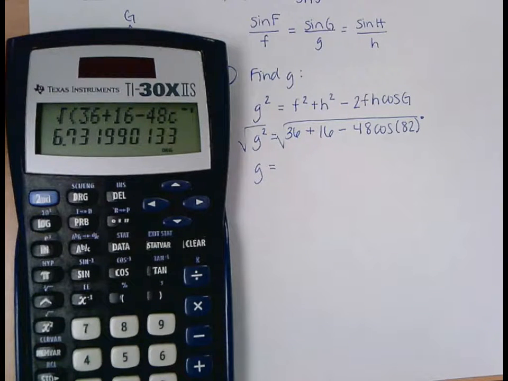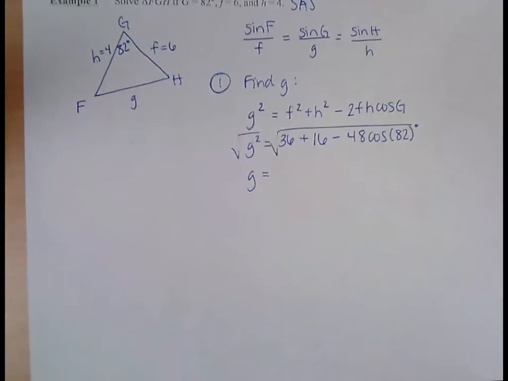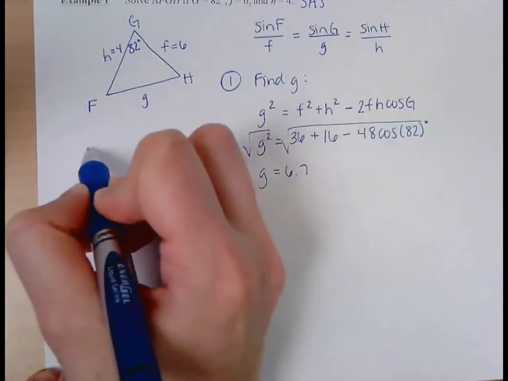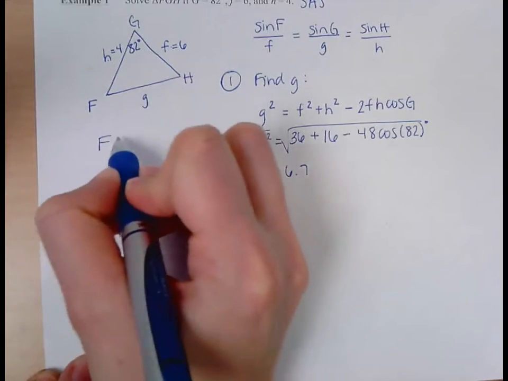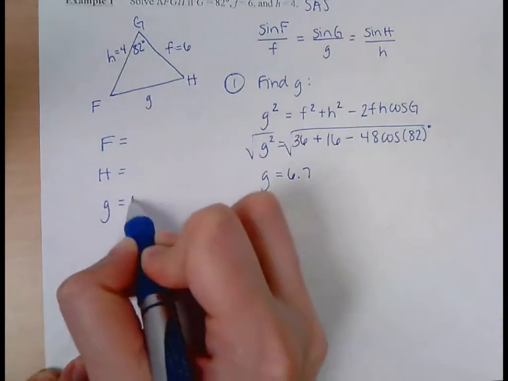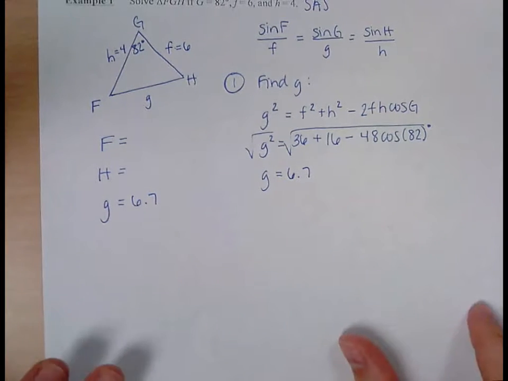So again, make sure on your calculator that you're able to get that answer however it is that you have to type it into your calculator. Okay, so I'm looking for, let me just label this here, angle F, angle H, and side G, and I found side G is 6.7.